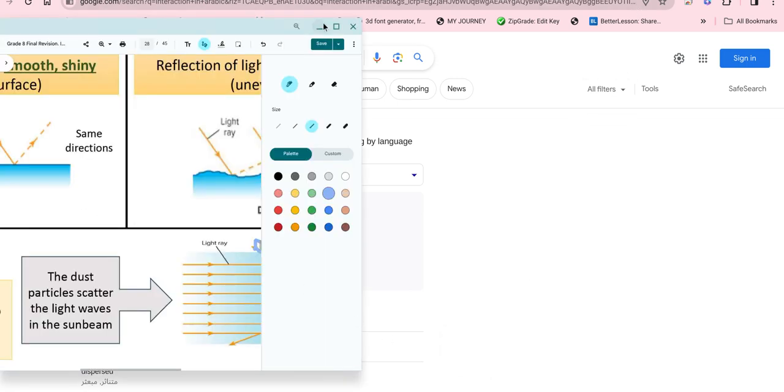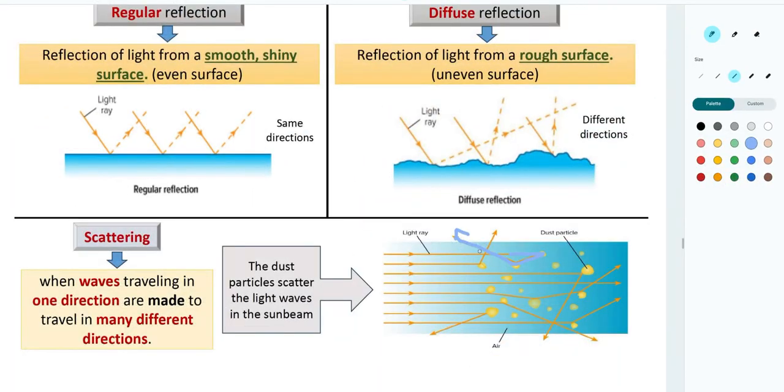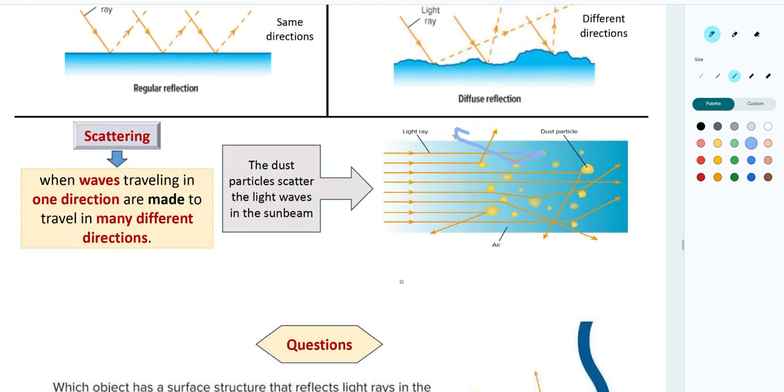When we look at this picture, we can see that light will be scattered as it hits or is reflected off of the many dust particles, or sometimes if it's damp, like the fog in the morning, it will be scattered off of each particle of water droplets, or if it's smoke, then the smoke particles. Whatever it is, scattering makes it hard to see because the light is going in all different directions.